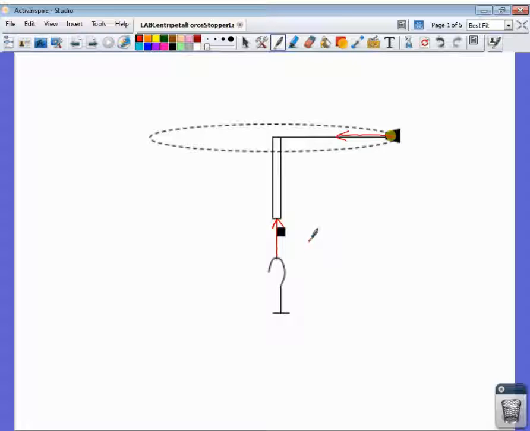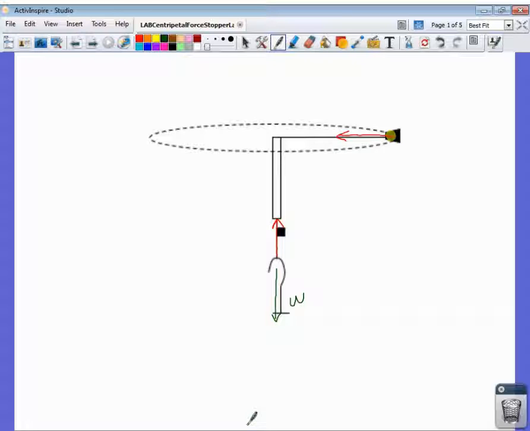What's the force that's balancing out the red upward force of the string? Gravity is acting on this hanging mass, right? And so we have a weight force here balancing out that tension force there. Okay, good? So that's what's going on here. No net force on the hanging mass, it's just sitting there, but there is a net force acting on that stopper as it moves around in a circle because it is accelerating.